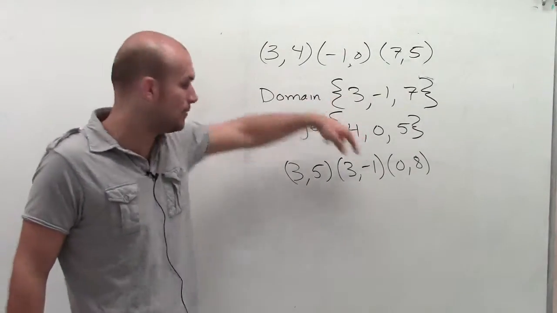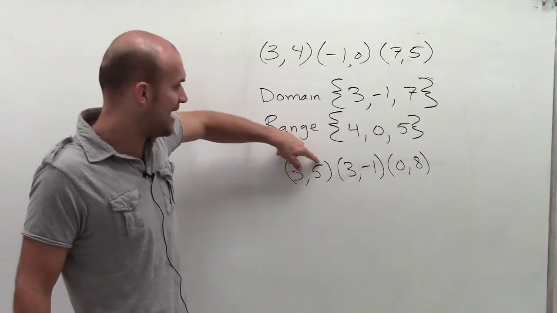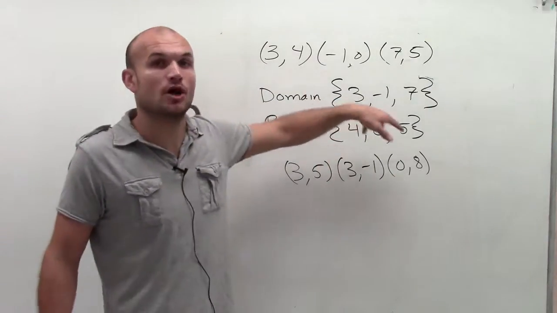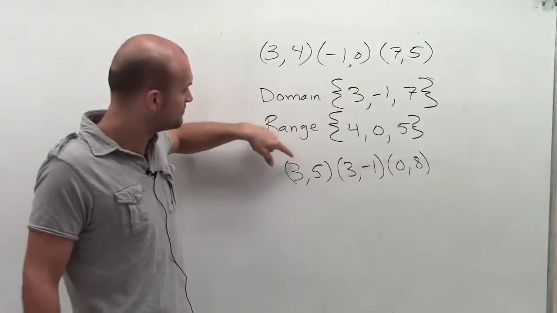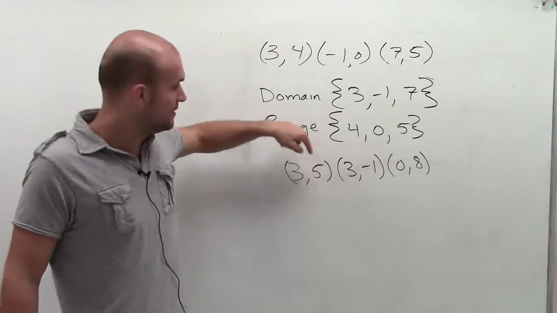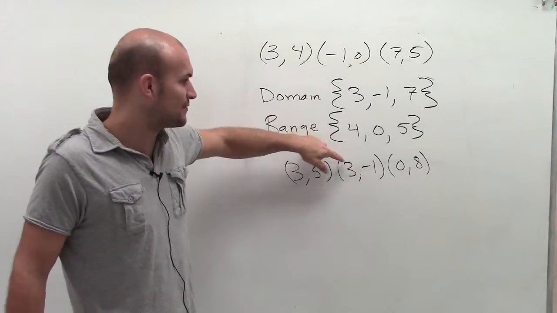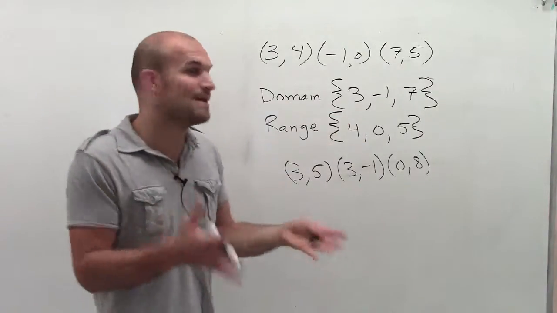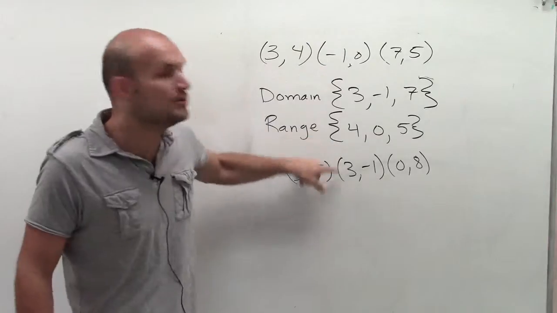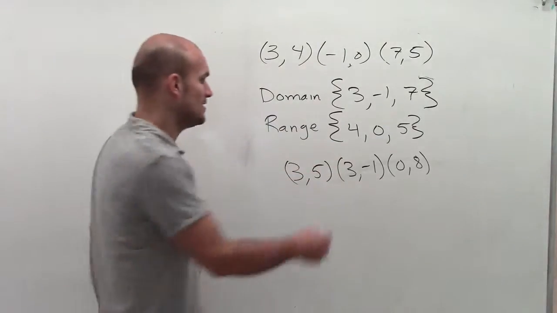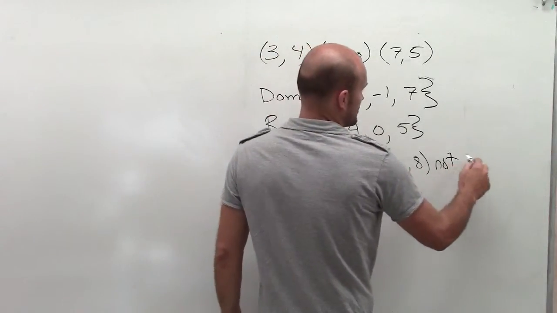My x coordinate 3 maps to 5, and my x coordinate 3 also maps to -1. So since my domain maps to 2 different range values in this example, this would not be a function.